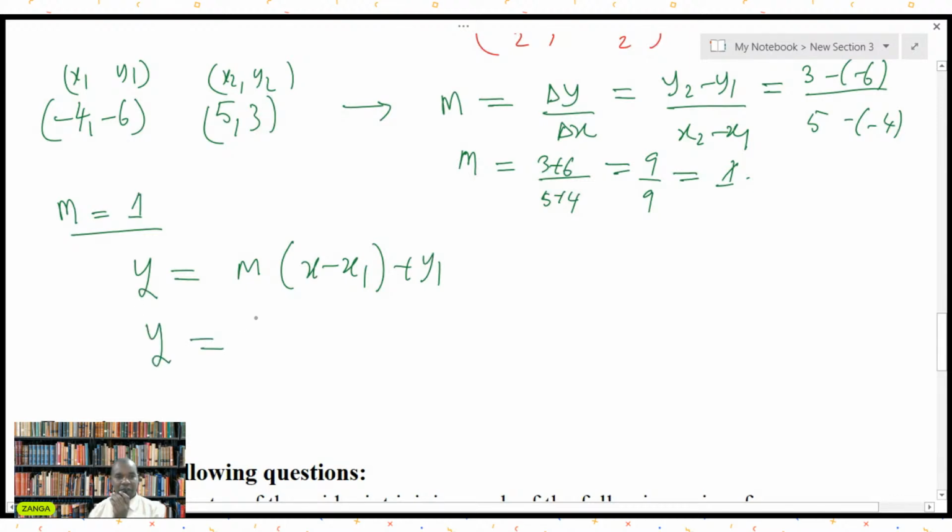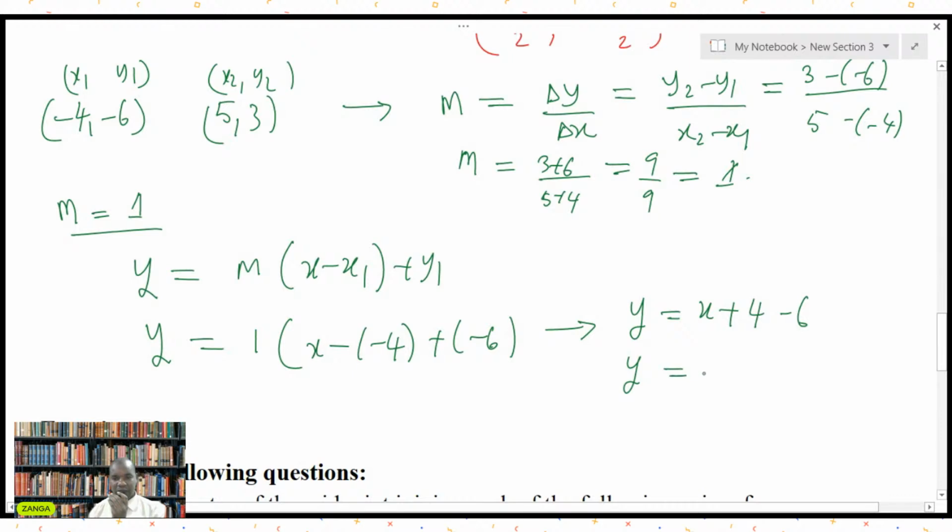So we'll be having y equals m x minus x1, and x1 will be negative 4, plus y1, which is negative 6. You simplify further, we have y equals x plus 4 minus 6. The equation is y equals x minus 2.